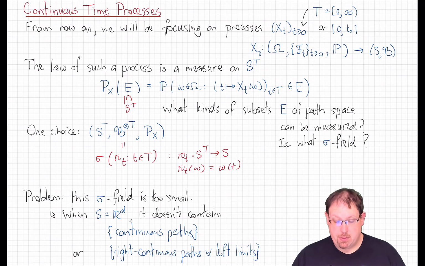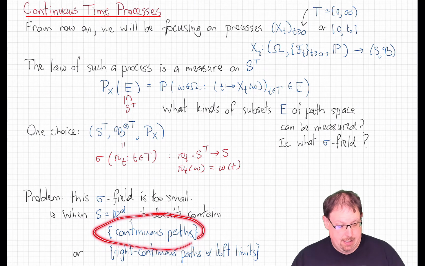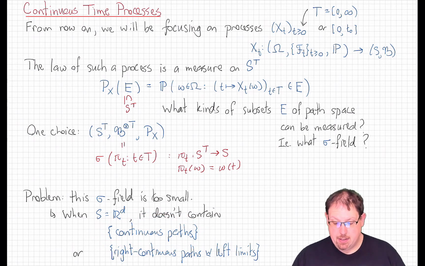The problem, as we discussed earlier, is that this is a very small sigma field as these things go. It's too small. For example, it typically does not contain this set, the set of continuous paths. So we cannot even ask what is the probability that a path of this process is continuous, is a genuine path.